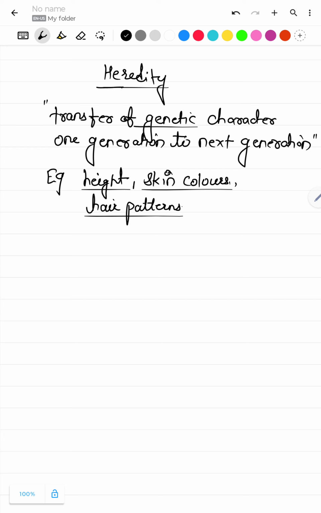So basically what is the meaning of heredity? Transfer of genetic material. Each and every genetic material is transferred by the parent to offspring through the DNA. What is the meaning of DNA? DNA is deoxyribonucleic acid present in human beings, and RNA is ribonucleic acid.